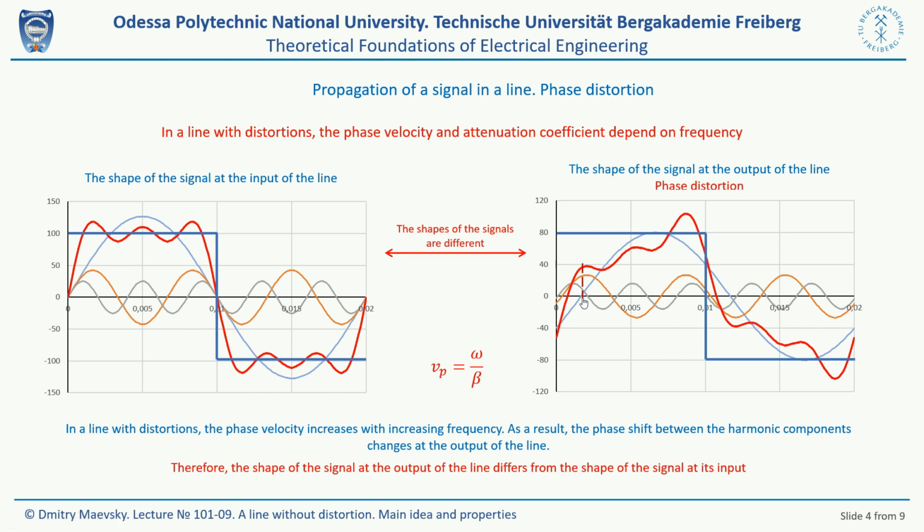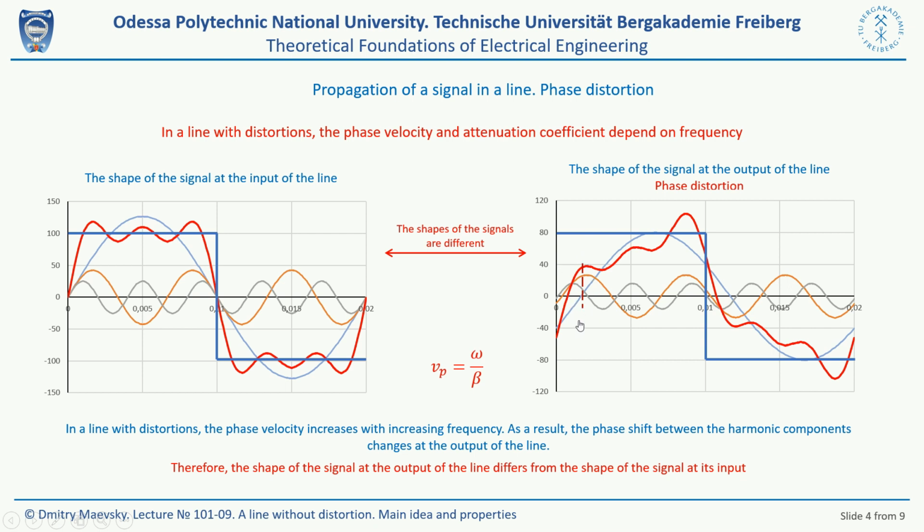That is, when the zero value of the phase, and therefore of the signal of the first harmonic itself, reaches the end of the line, there will already be some non-zero values of the signals of the third and fifth harmonics, as shown in this figure.